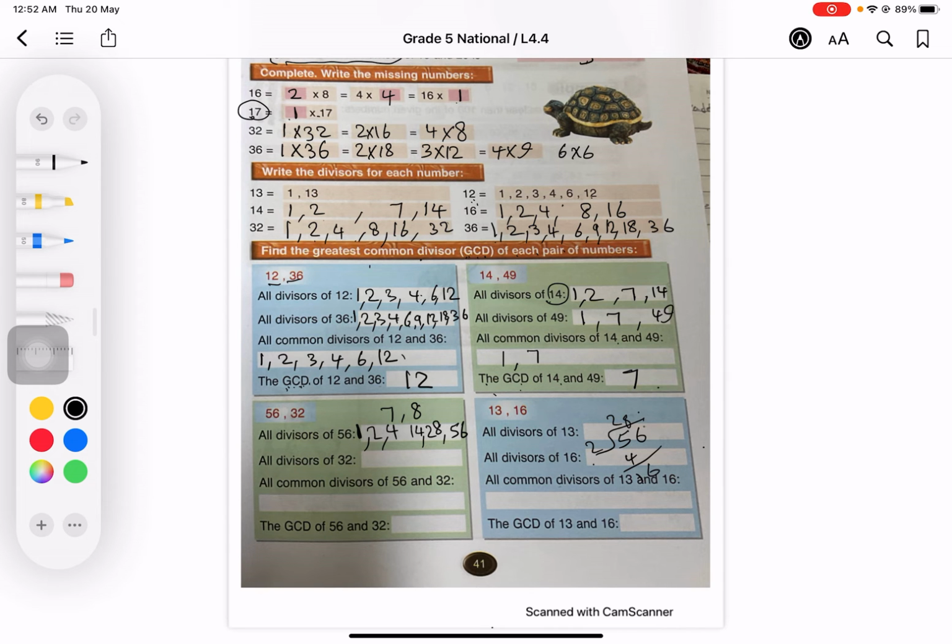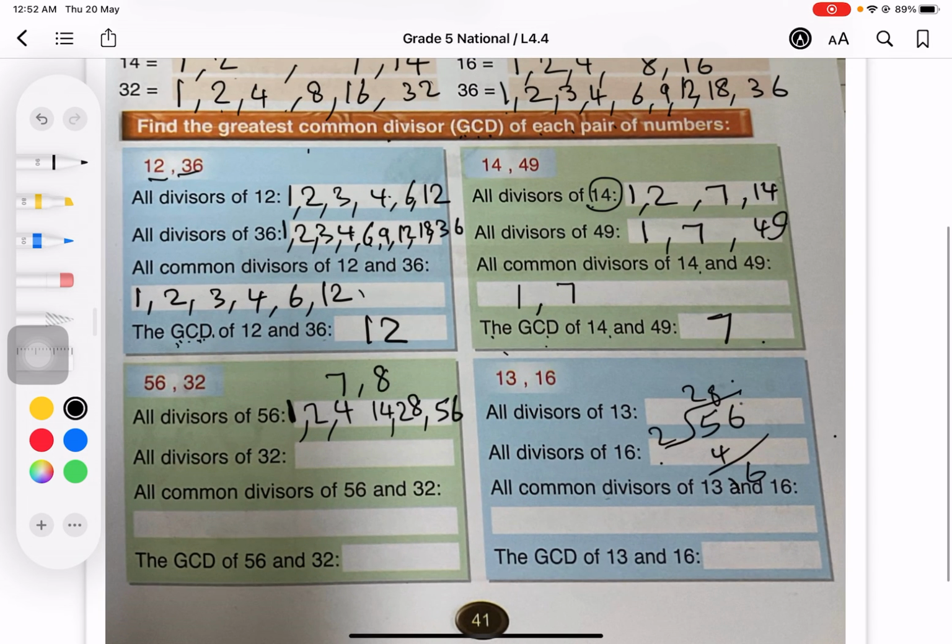Now what about 32? We just did 32. It is 1 with 32, 2 with 16, 4 with 8. So all these are the divisors of 32.